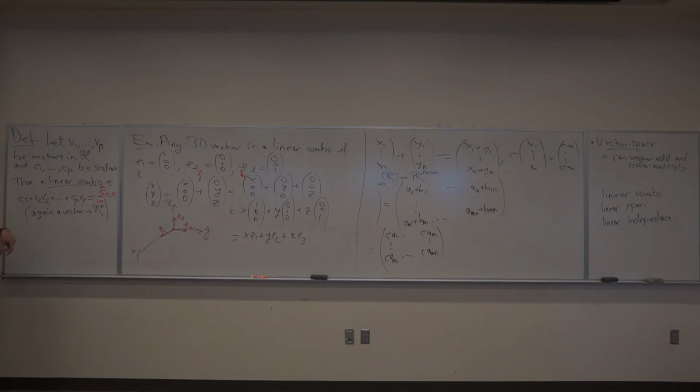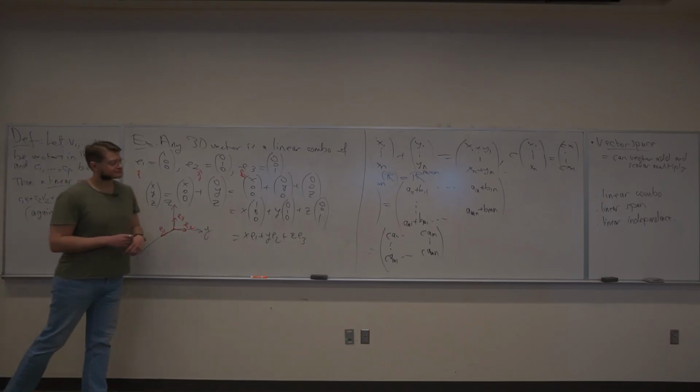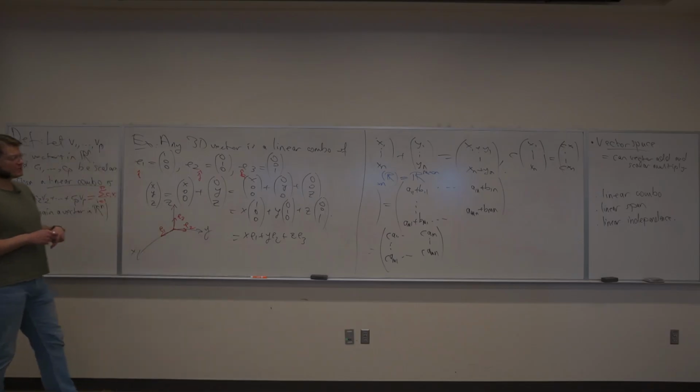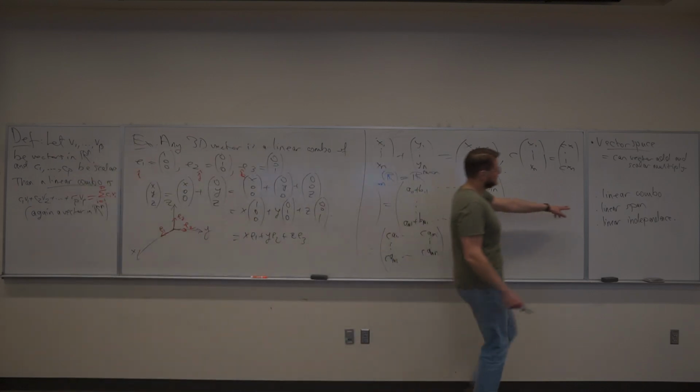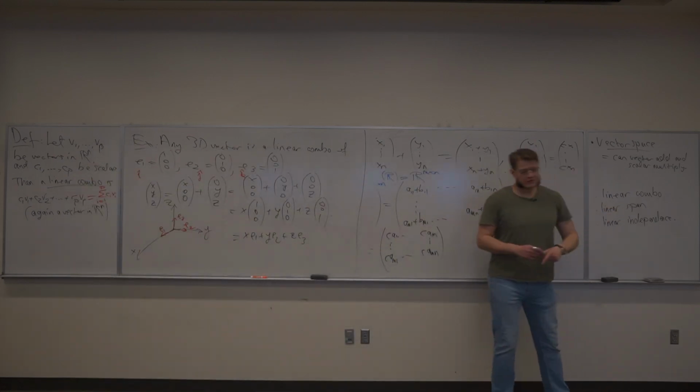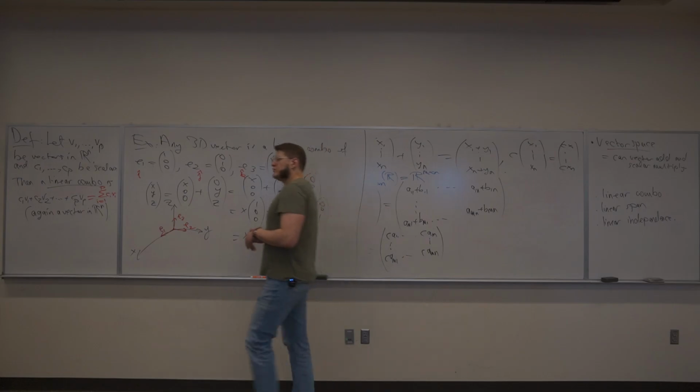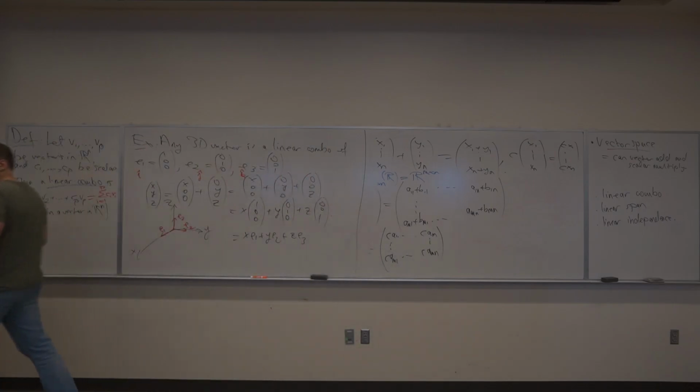Now here's a different interpretation of this linear combination from, say, robotics or control theory. Linear combinations are all about, and eventually that's going to turn into this linear span as well, these two are somewhat related, linear combinations are all about accessibility, where you can go.